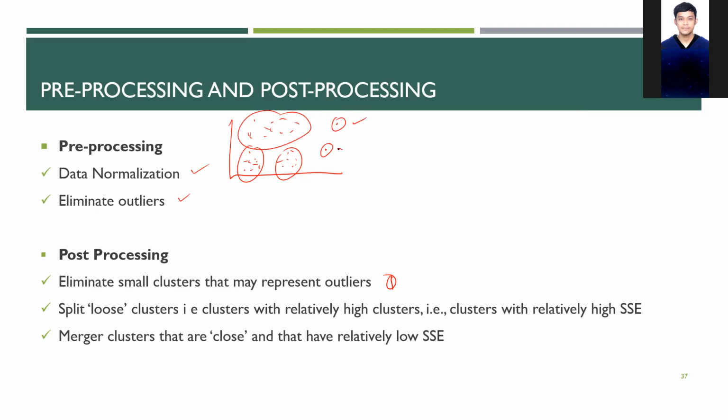This is a small cluster, this is a small cluster. So in this case, maybe we can consider these 2 points as outliers. So we can delete them because they are always far away from the others and only a small number of data. And so we can eliminate them because they may represent outliers.